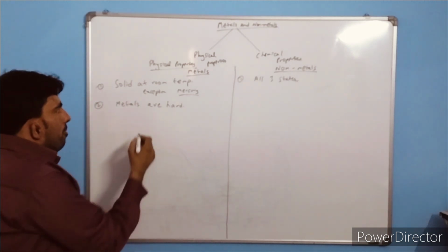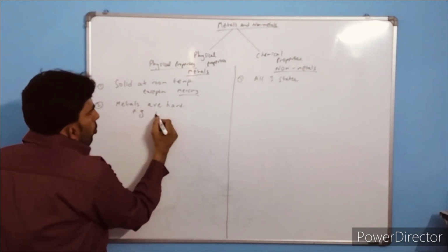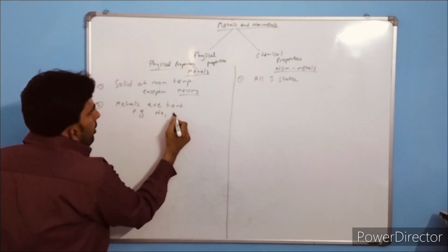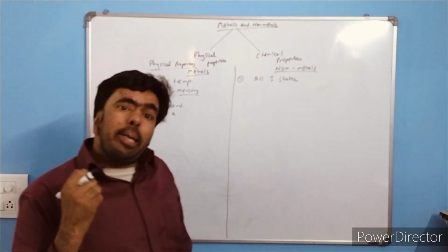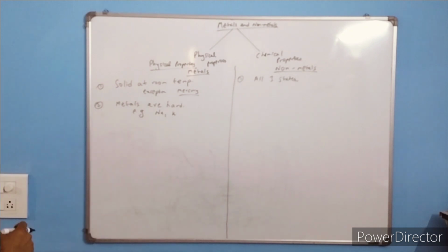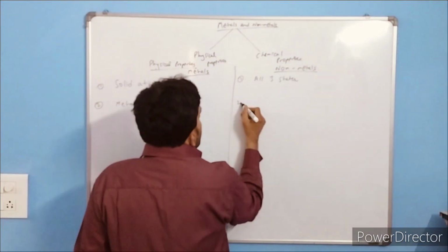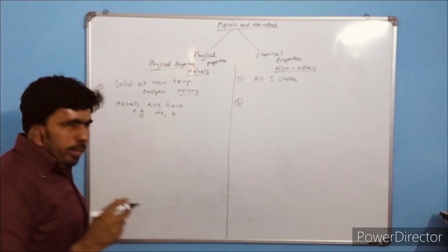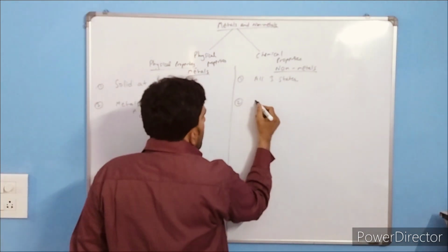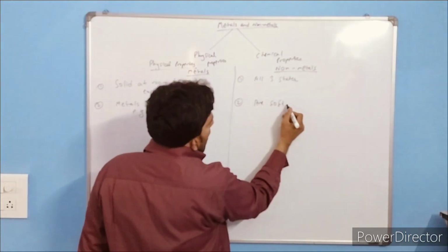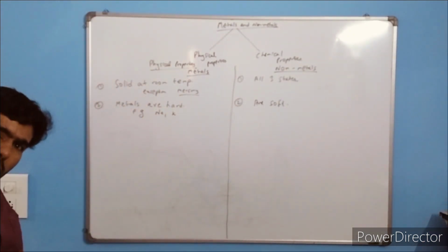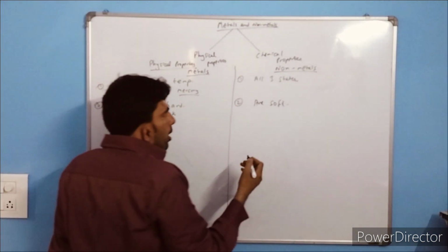For example, sodium and potassium are so soft that they can be cut by a knife. Non-metals are soft, not hard, but here also an exception is there.